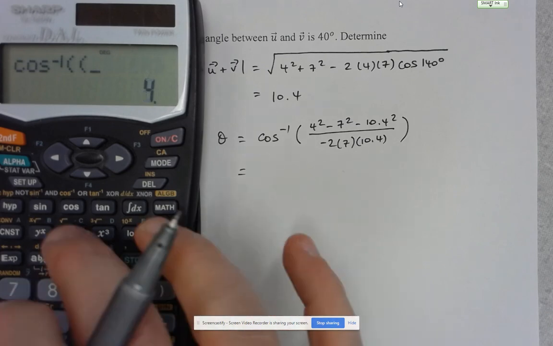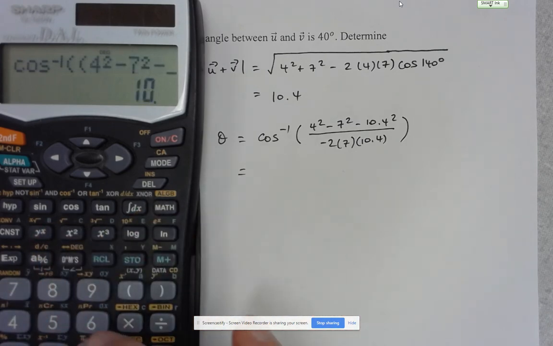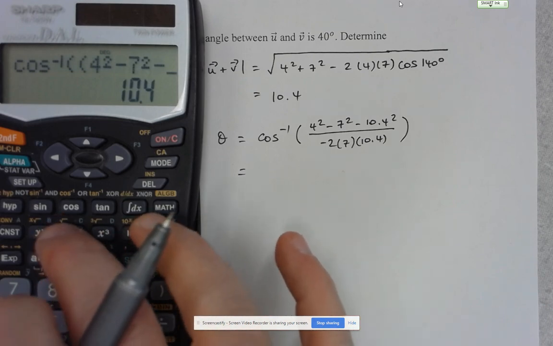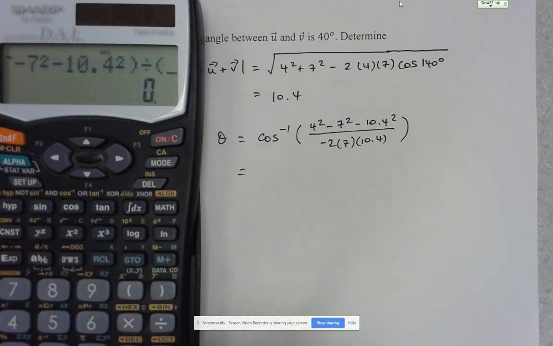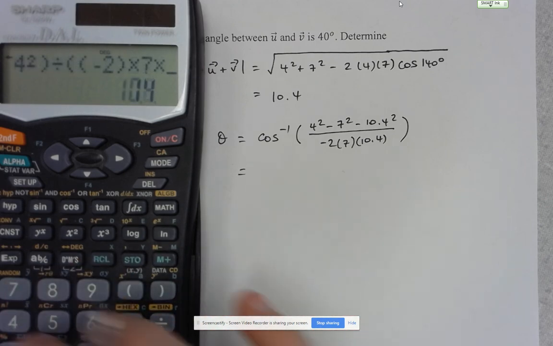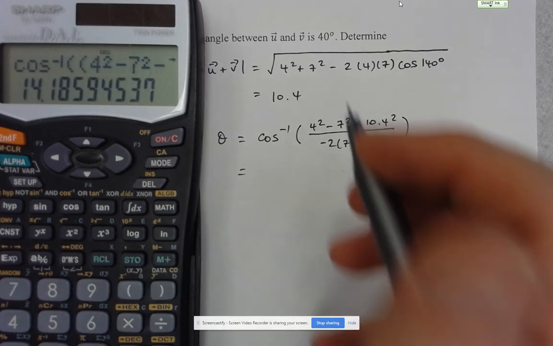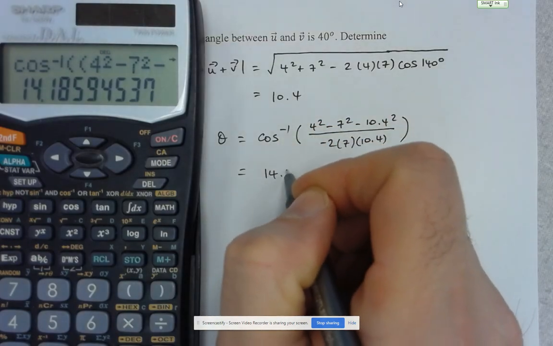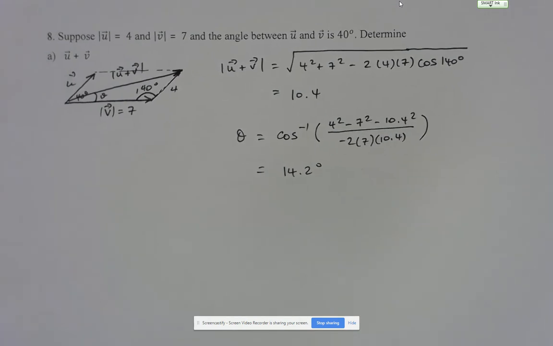So again, 4 squared minus 7 squared minus 10.4 squared. Close the numerator bracket, divided by, open the denominator bracket, negative 2 times 7 times 10.4. All right, and that gives me 14.2 degrees.